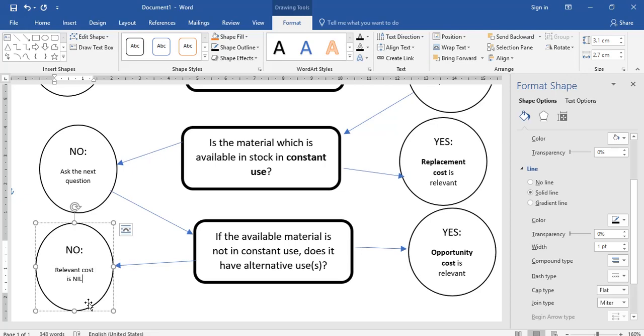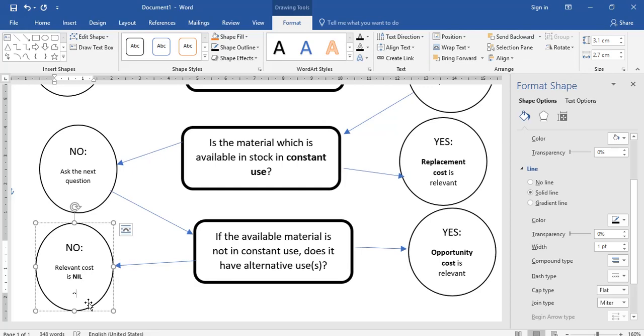So if it doesn't have alternative use, what it means is that the material is available, it is not in constant use. And so if you don't use it, it has no other use. Unless you use it for that material, for that project, it will have no other use. So what is the value of it? Nil.